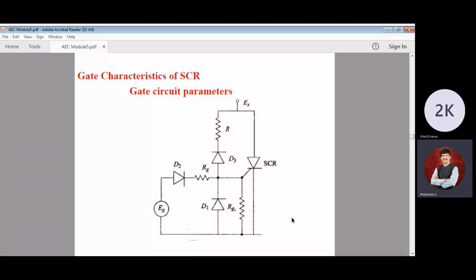If you want to check the gate terminal, I am getting the voltage through a resistor. That we have already checked in the previous diagram. Through a resistor, I am giving the voltage. But before the resistor, I am going to give one particular device called a diode.